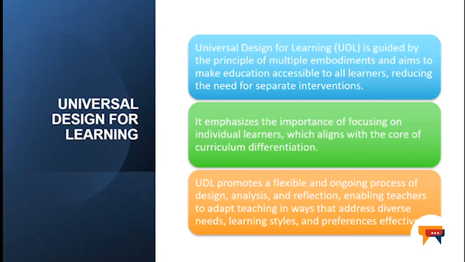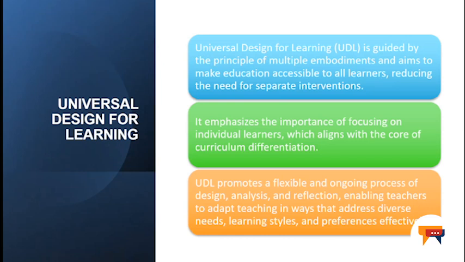Universal design for learning is guided by the principle of multiple embodiments and aims to make education accessible to all learners, reducing the need for separate intervention. It emphasizes the importance of focusing on individual learners, which aligns with the core of curriculum differentiation.